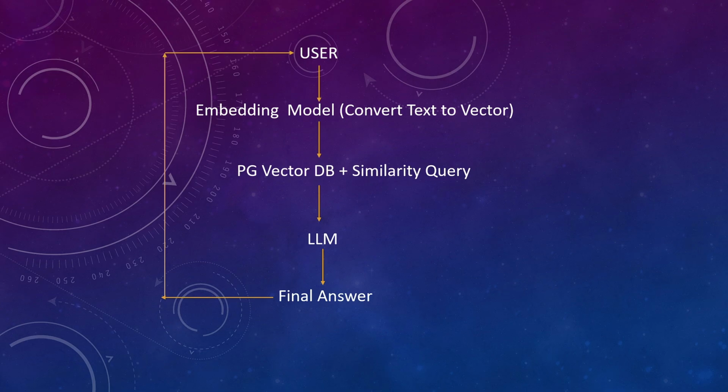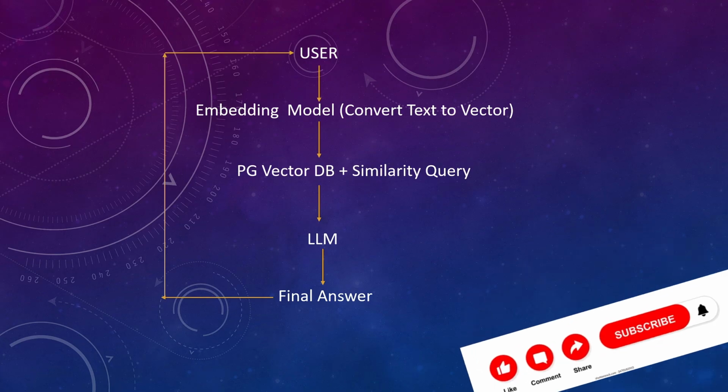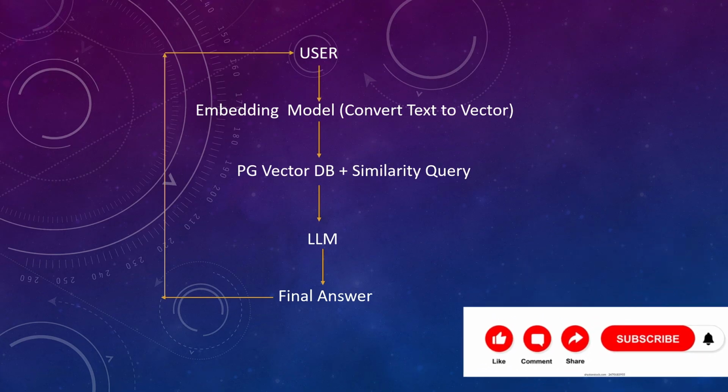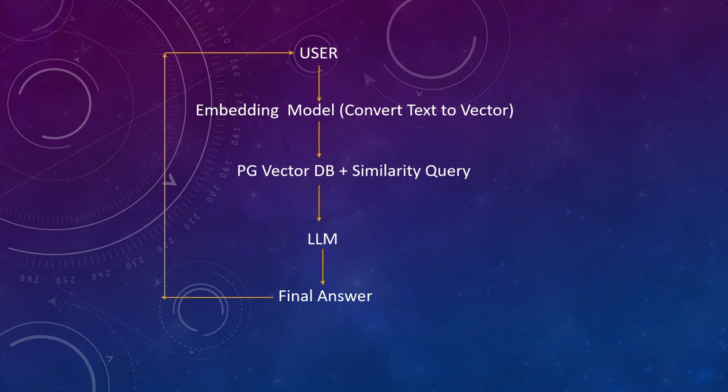We query the chatbot using natural language, say in a native language or in English or any other language. We call it natural language. And that query or that prompt is split into small chunks of data.